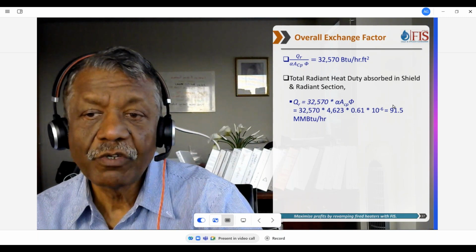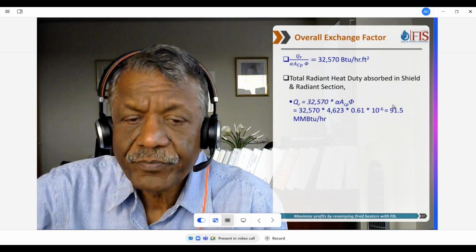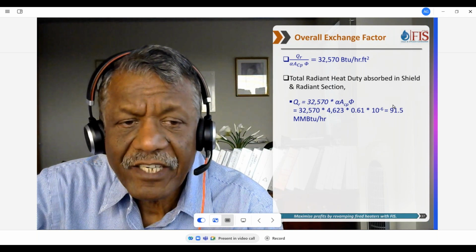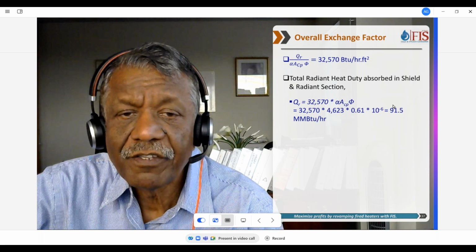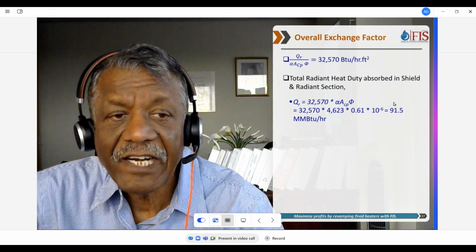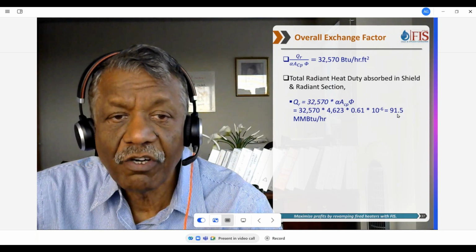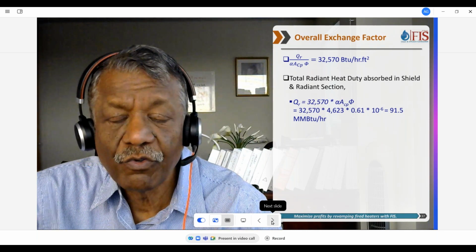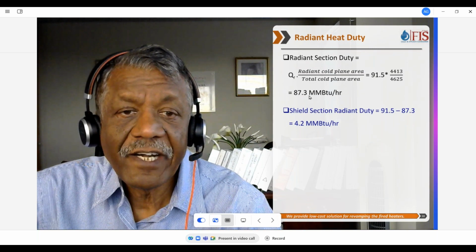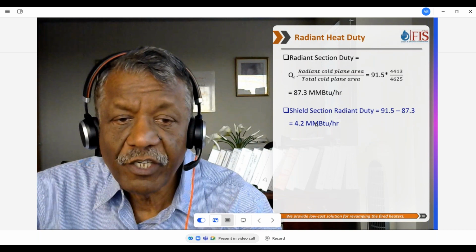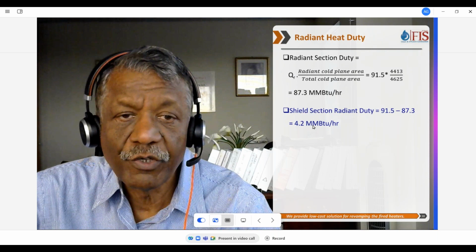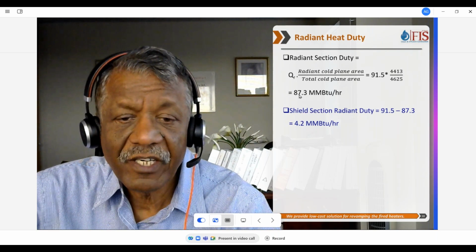Now, what we need to do is the heat balance and ensure that the flue gas temperature we assumed is correct or not. Is it able to give 91.5 million BTUs or not? So we need to do that step. This is calculating the radiant heat duty and the shield heat duty. You can see only about 5% of the total duty is the shield, and the remaining 95% is in the radiant.